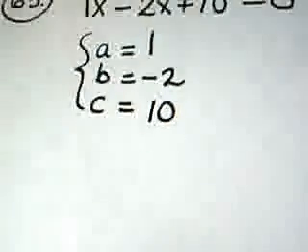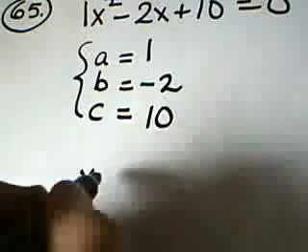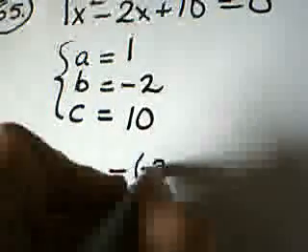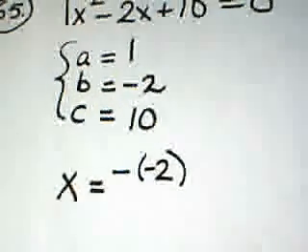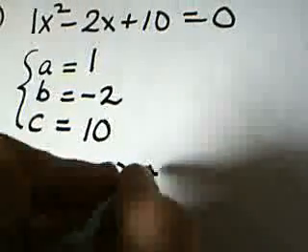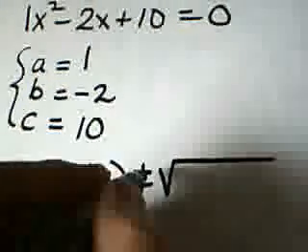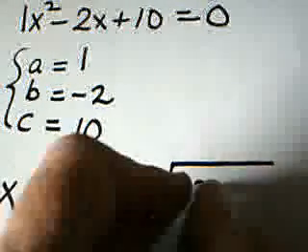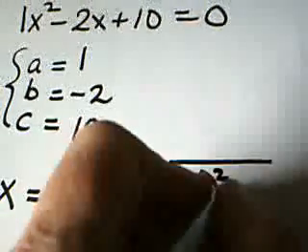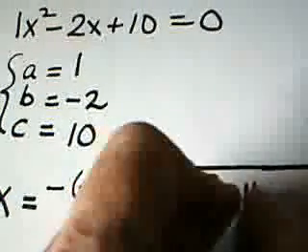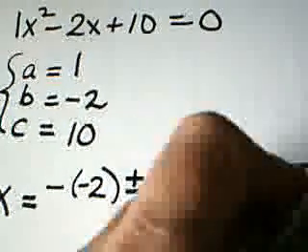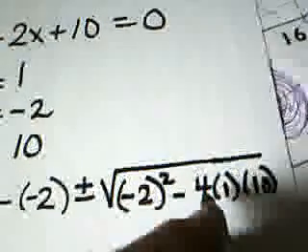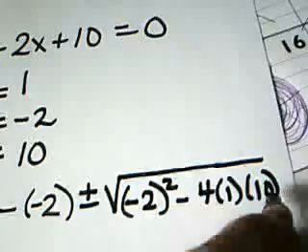And now when I go to the formula, x is equal to, watch me, opposite of b, plus or minus square root, b squared minus 4ac, b squared minus 4ac.